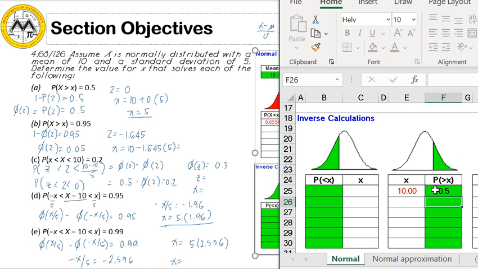It should be 10. And then 0.95, and then 0.3.